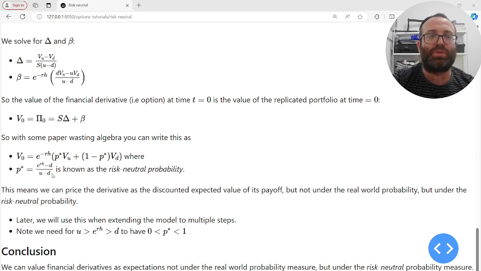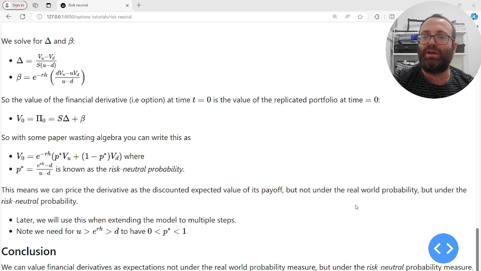This is known as the risk-neutral probability, and it will come back later in many things with complete markets. Basically, you price the derivative as the discounted expected value of the payoff, discounted to time 0 by e to the negative rh, but not under the real probability p, rather under the risk-neutral probability p star.